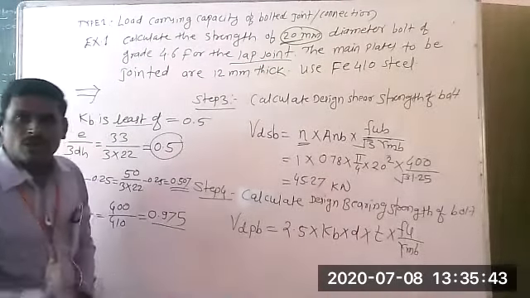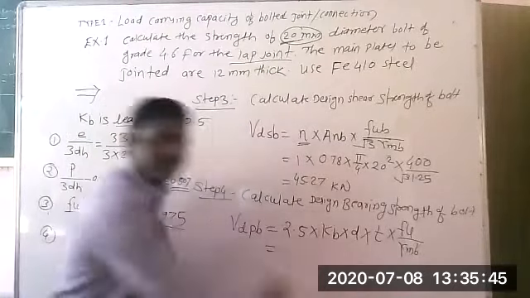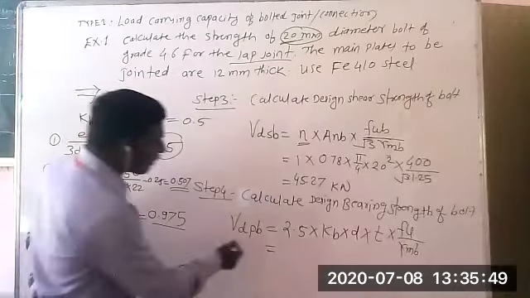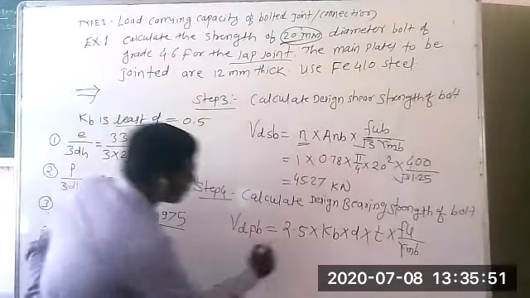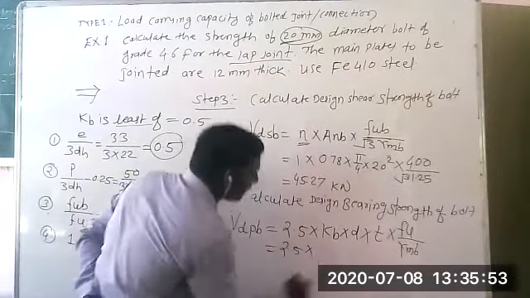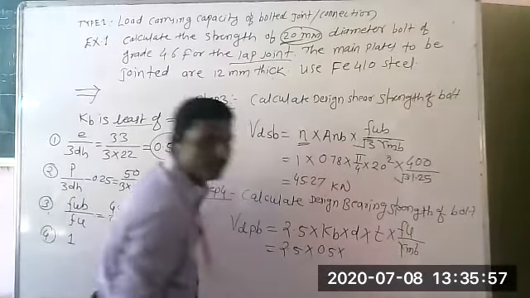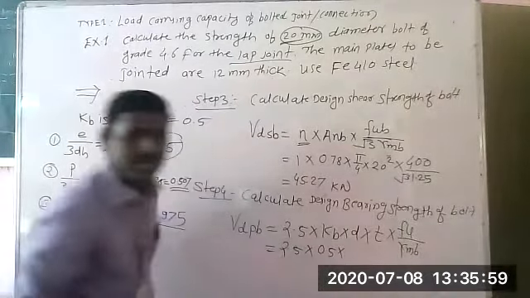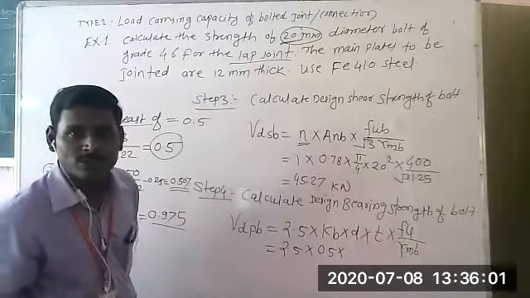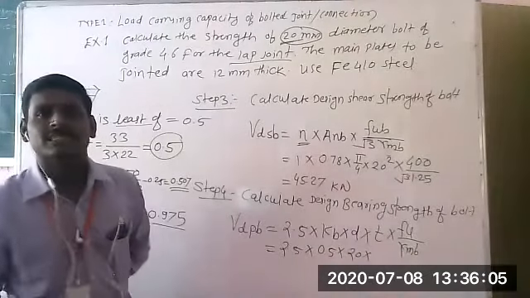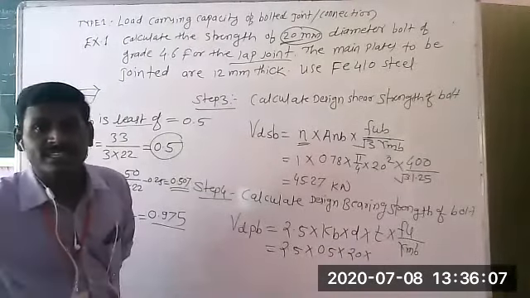Okay. Now put the value of KB in the formula of bearing strength. So 2.5 into KB, which is 0.5, into the nominal diameter of the bolt, which is 20 mm. Now thickness T. What is T?